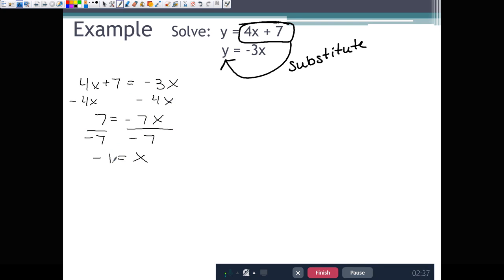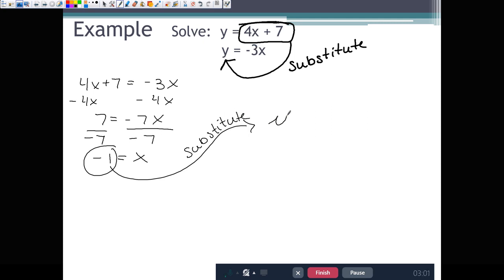Now that I know x, I need to solve for y. You can select either equation. Which one do you guys want to use, the top or the bottom? Bottom is probably easier, it's smaller. So I'm going to take this value here and substitute it into either equation.